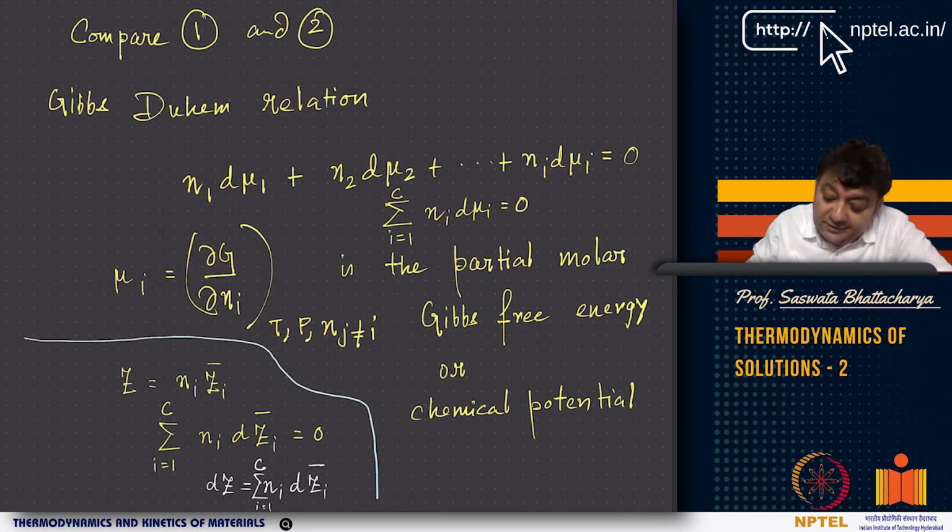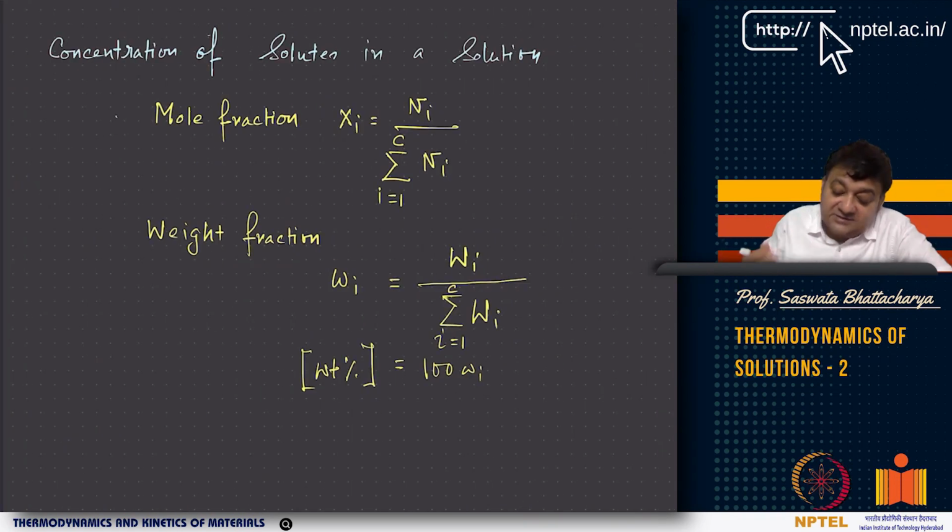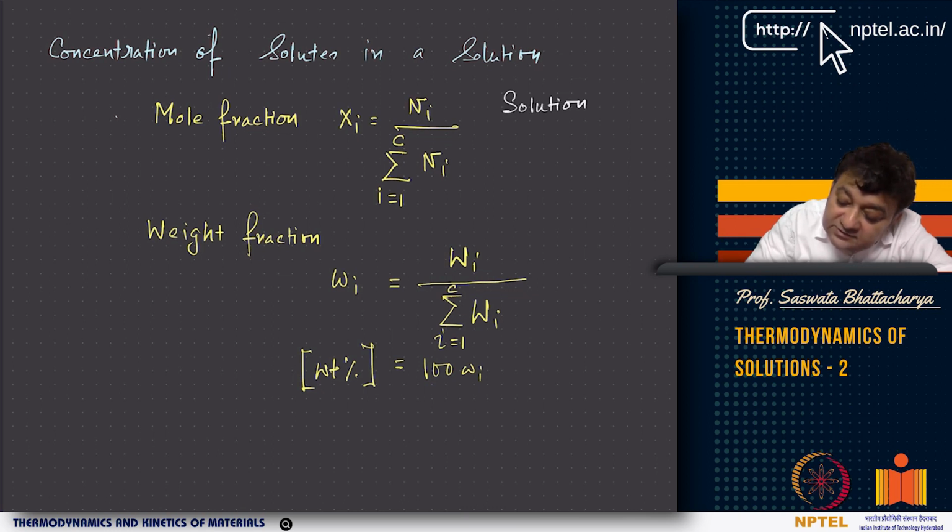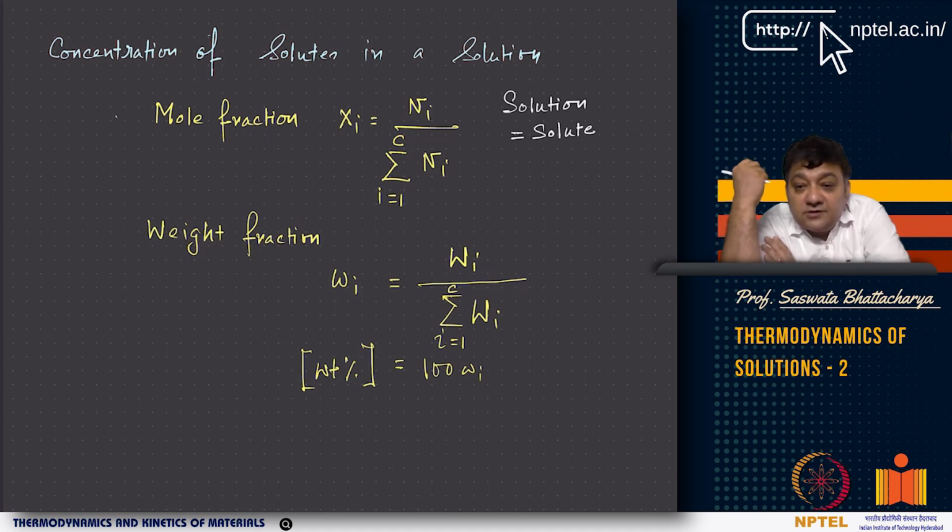But one thing I missed in the previous lecture was how you define the concentration of solutes in a solution. Because when you prepare a solution, whether it is liquid in liquid, solid in liquid, or solid in solid, you have a solute, and you have multiple components, so you can have different types of solutes, like solute 1, solute 2, solute 3.